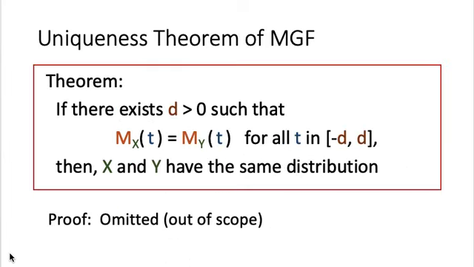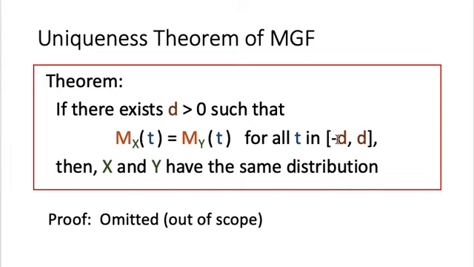Okay, next, we will talk about a special theorem concerning the MGF. This is called the uniqueness theorem. So let's see what it is saying. Suppose that we have two random variables x and y, and suppose that the moment generating function of x agrees with the moment generating function of y for a continuous period where t is from minus d up to d.